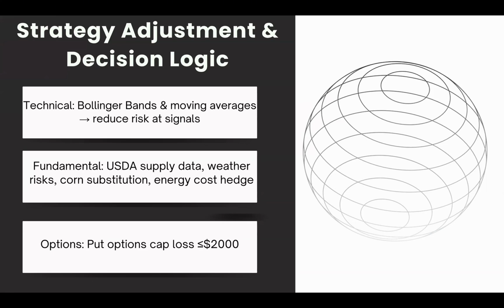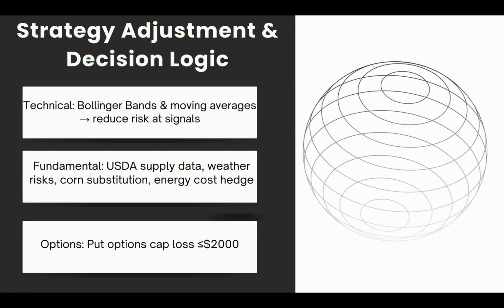Next is fundamental analysis. USDA reports indicated declining global wheat reserves, which supported adding to ZWZ5 positions. Winter weather risks increased premiums on far-month contracts, so we bought ZWN6 for seasonal hedging.